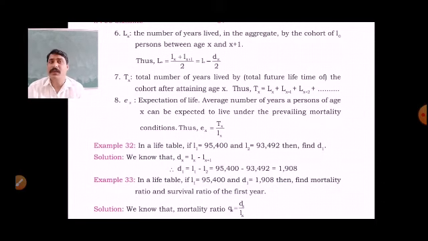Okay, and next comes Tx, capital Tx. So total number of years lived by the cohort after attaining age x. Here capital Tx tells the total future lifetime of a cohort, that is how many years in aggregate: Lx plus 1 plus Lx plus 2, and so on. So from bottom to top, in simple words, that is a more-than cumulative frequency.